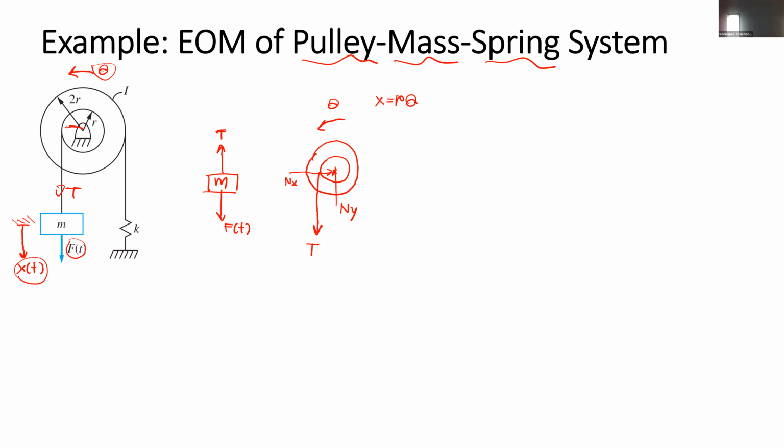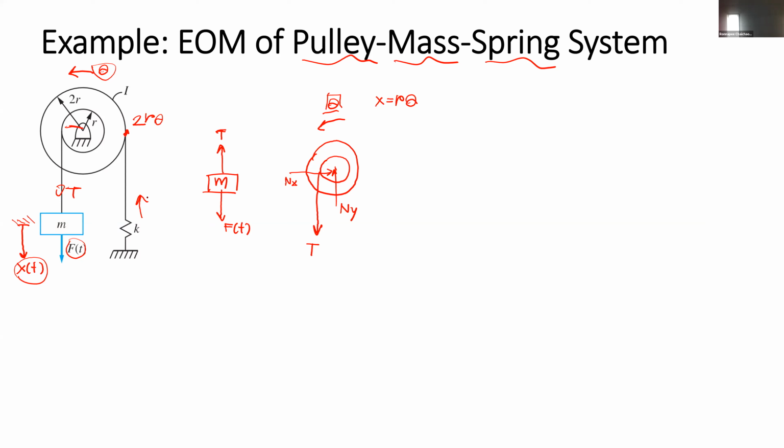And if the pulley is rotated counterclockwise with the angular displacement theta, this surface will travel by 2r multiplied by theta, which is the deformation of the spring.